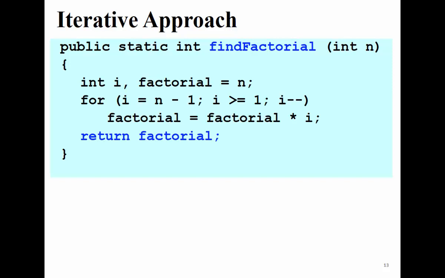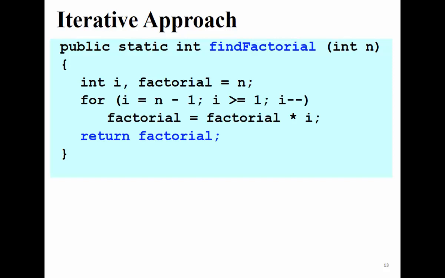If we would like to write a Java program to implement the factorial without any recursion, we end up with the iterative approach, where a loop, for loop or while loop, is used. You can see here, we start the method by defining integer i, and factorial is equal to n, and we receive integer n as an argument.